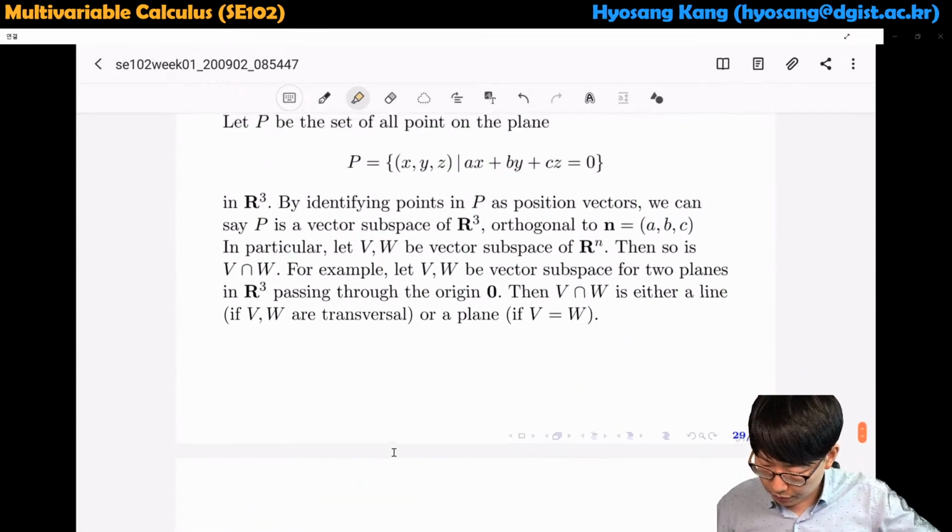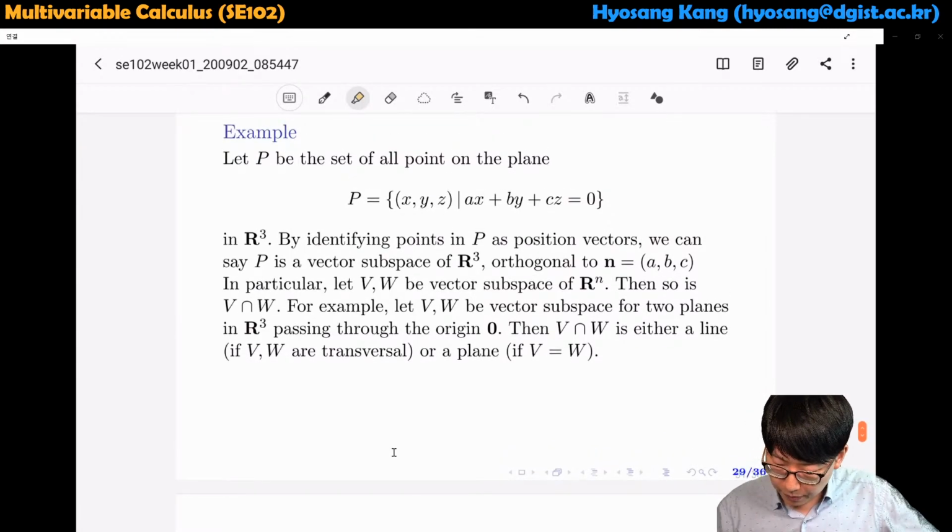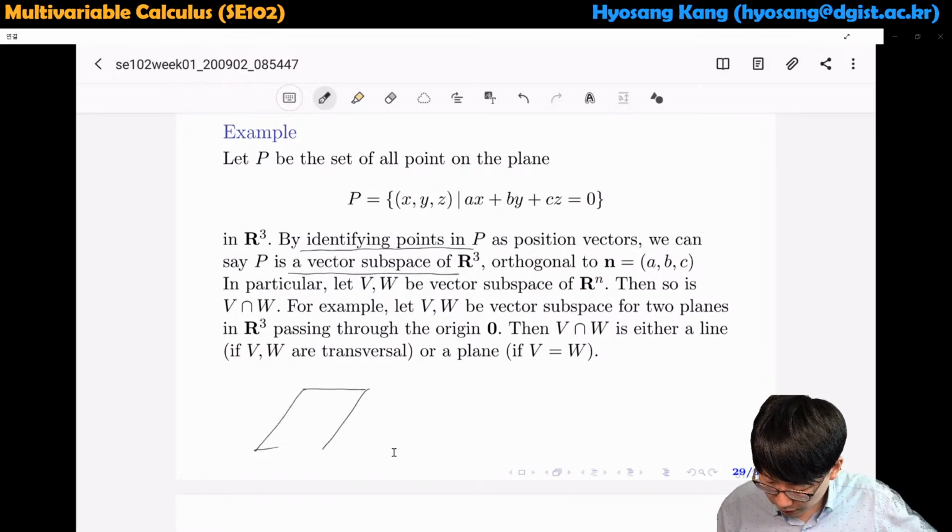Okay, so let's keep moving here. So example. Let P be the set of all points on a two-dimensional plane in three-dimensional space. By identifying the points in P as position vectors, we can say P is a vector subspace of R3. So here is a plane P, and here is the origin.